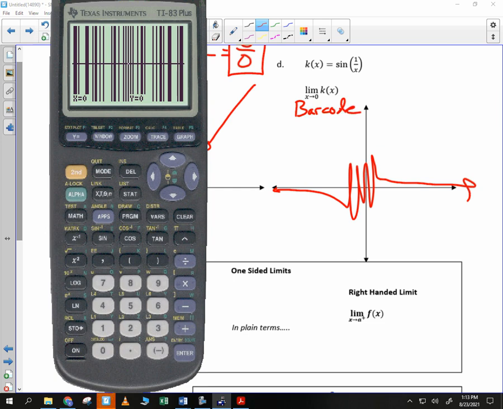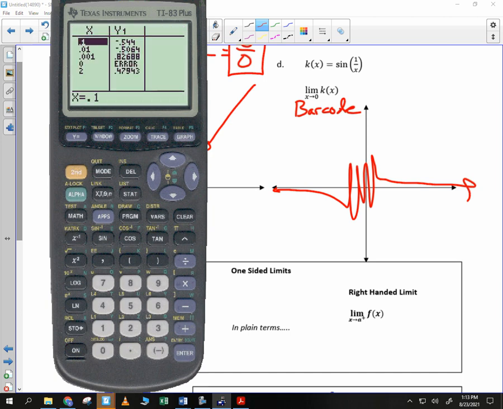And when the graph does not produce for you what you want, maybe you could go to the table. So I'm going to approach an x value of 0. So look at what I've typed in. I've got 0.1, 0.01, 0.001, and look what happens. I'm at like negative 0.5, then another negative 0.5, then a 0.82.